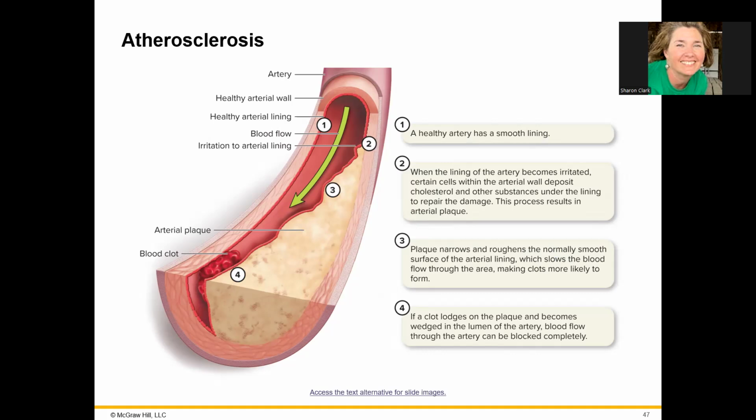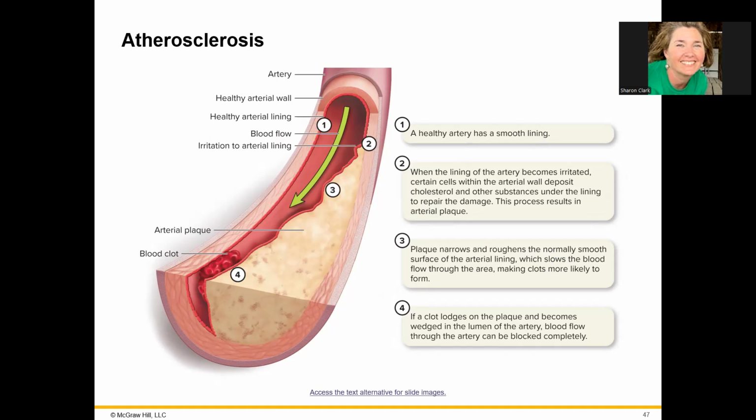Inside the lumen of a healthy artery, it's pretty smooth. It has smooth muscle in it. It's able to flex with every beat of the heart under blood pressure, that pressure from every heartbeat.